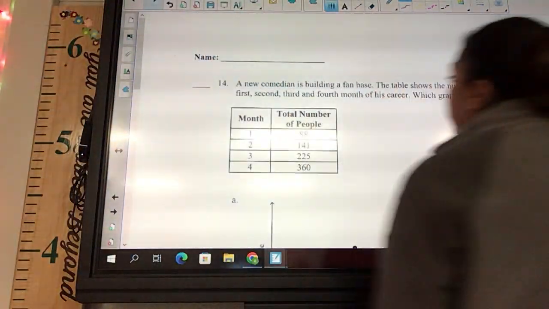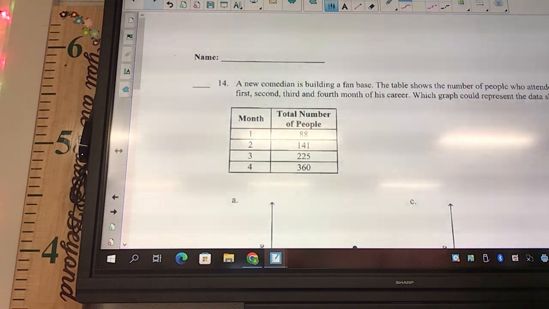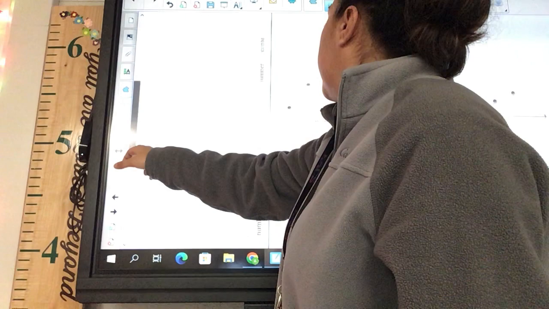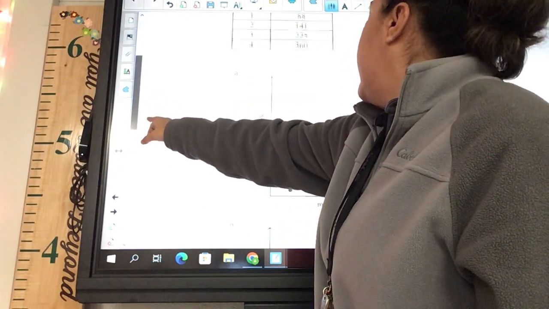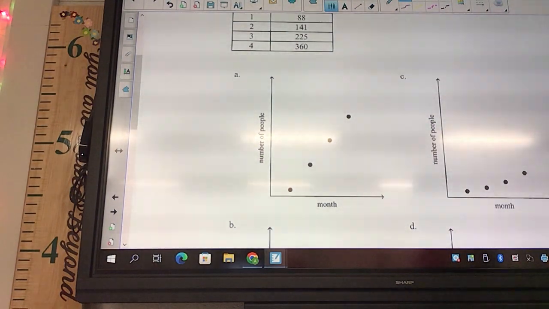A new comedian is building a fan base. The table shows the number of people who attended his show in the first, second, third, and fourth month of his career. Which graph could represent the data shown in the table? Take a second and look at the graphs. In his first month, he had how many people? 88. Second month, more or less people?